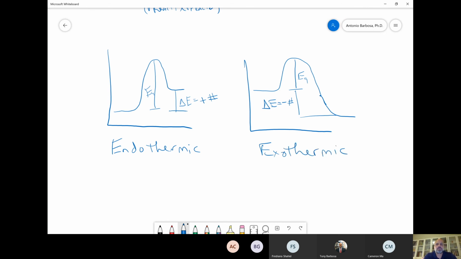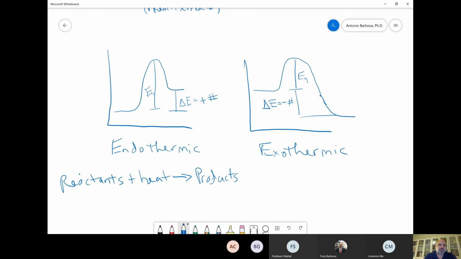When we're looking at endothermic versus exothermic, in order to have an endothermic reaction occur, we have our reactants, and we have to add heat to the reaction in order to drive the reaction to products.